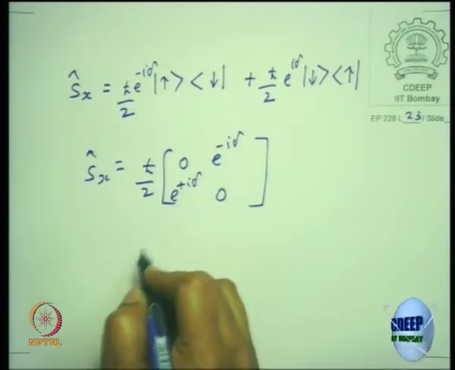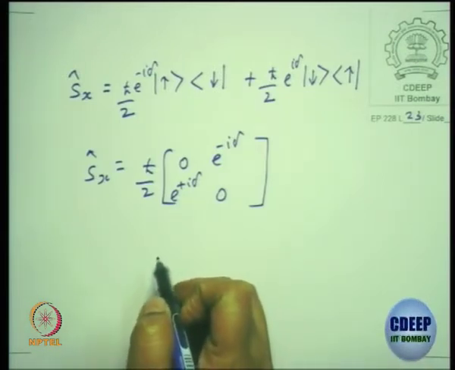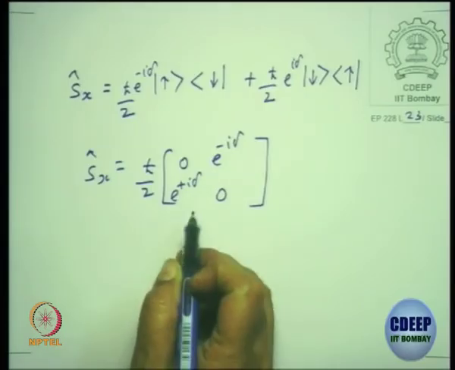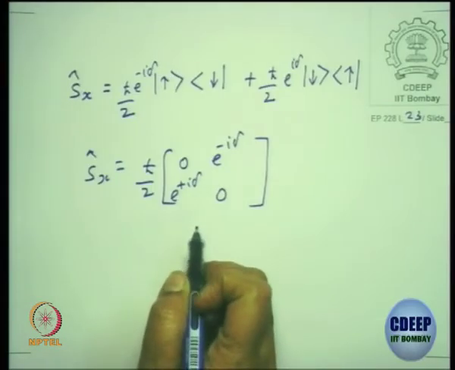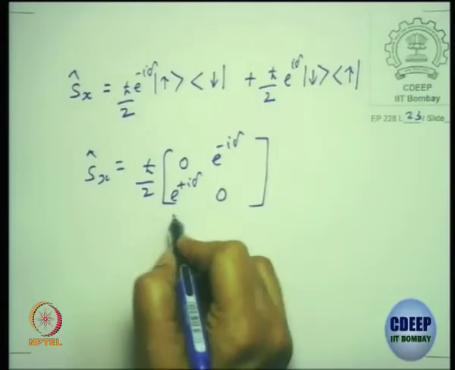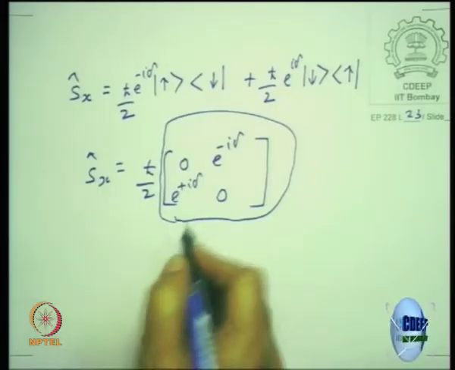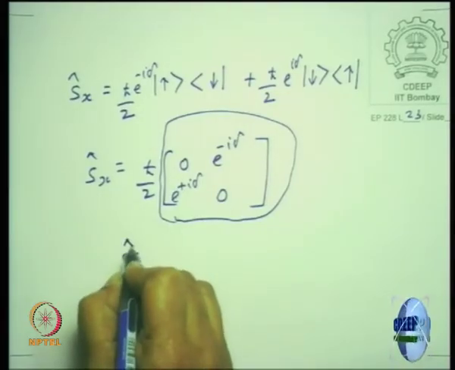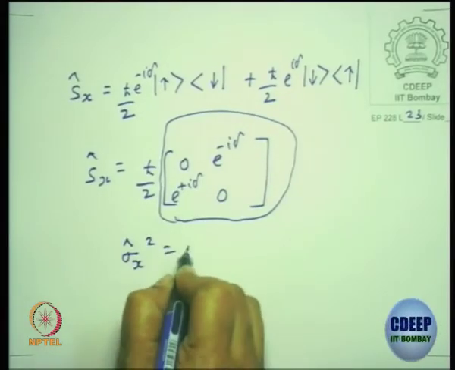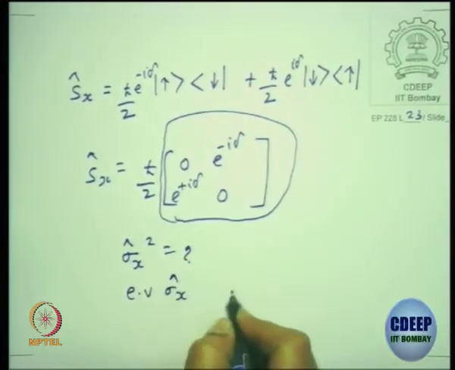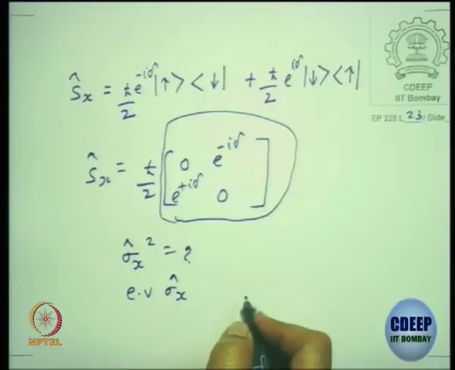What about the square of these matrices? 1, or eigenvalue is plus or minus 1 for this matrix. Check it. Call that matrix sigma x. Find what this is. Find the eigenvalue of sigma x. Okay.